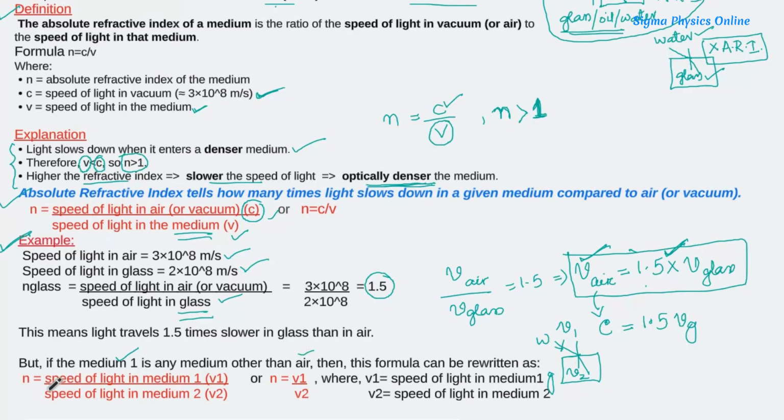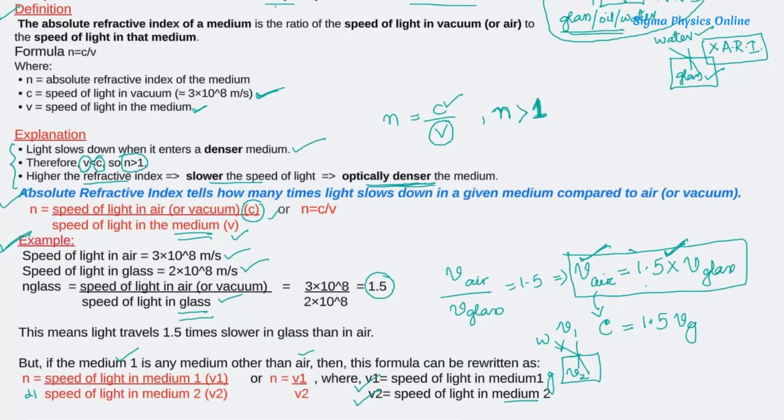So, we can rewrite this formula as: the refractive index of the second medium with respect to the first medium is the speed of light in medium 1 divided by the speed of light in medium 2. That is, n is equal to v1 by v2, where v1 is the speed of light in medium 1 and v2 is the speed of light in medium 2.